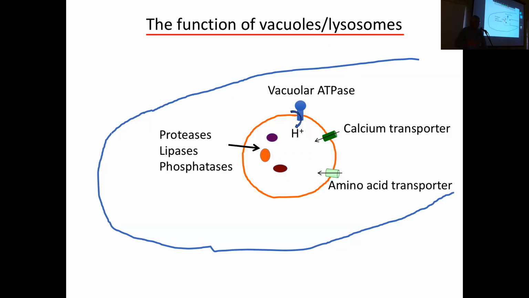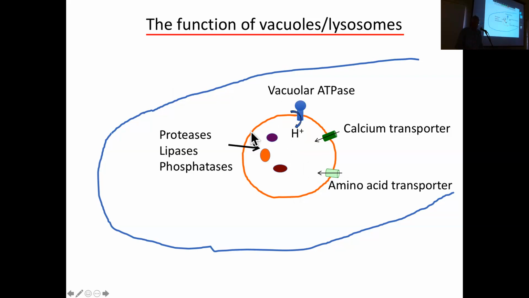And so the cell has a way of taking those proteins and putting them inside this organelle. It's sort of like the stomach of the cell almost. It's a very acidic space because there's a pump that pumps acid into here. And these proteins are degraded into amino acids, and the amino acids can be transported out and be made into new proteins. So cells are really very efficient recycling all the materials.